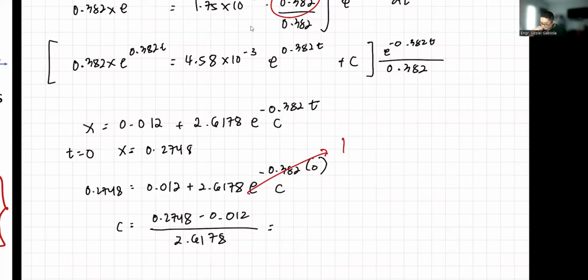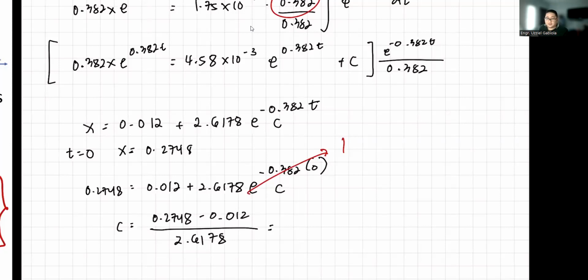Wait lang. 0.458, magiging value natin. 0.458. 4.58.